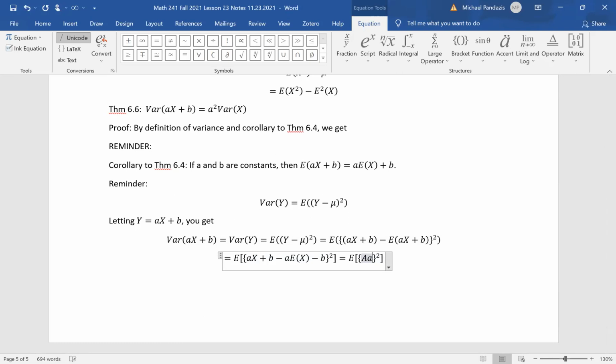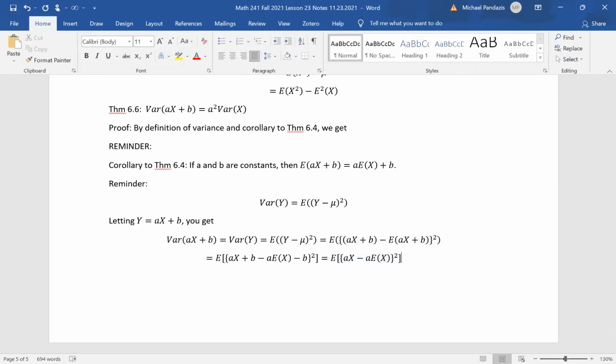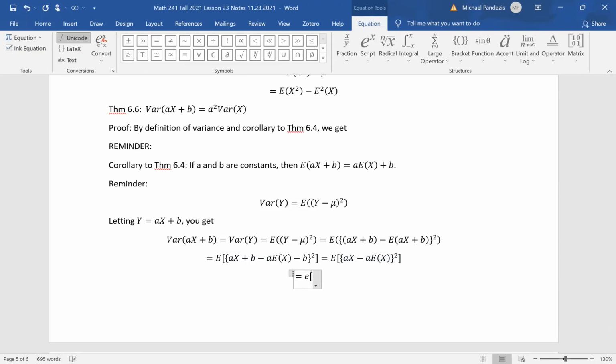So you're left with AX minus A times E of X inside the parentheses.